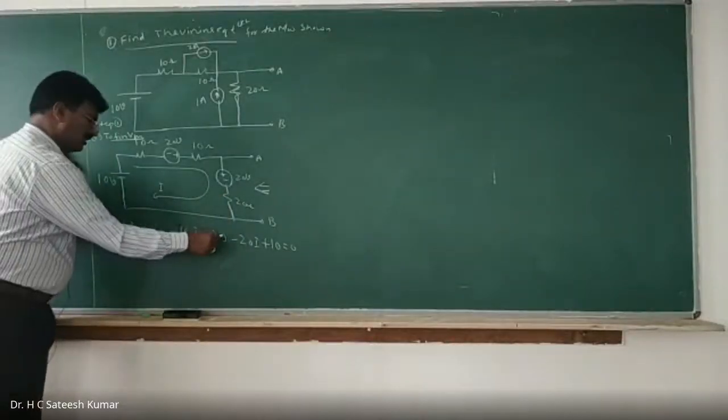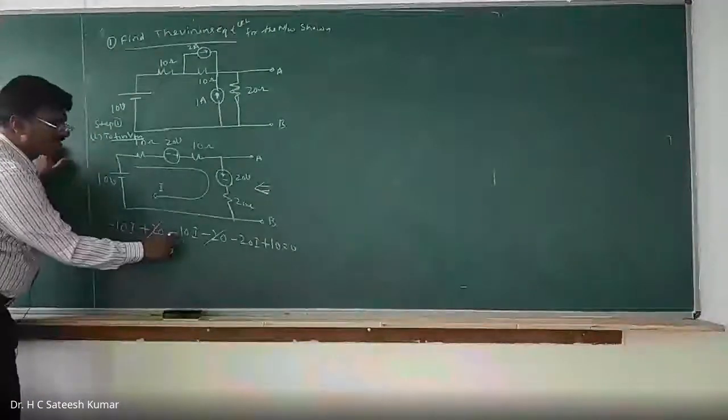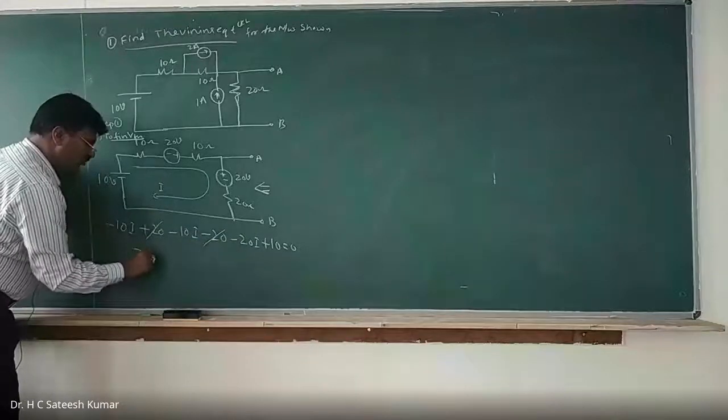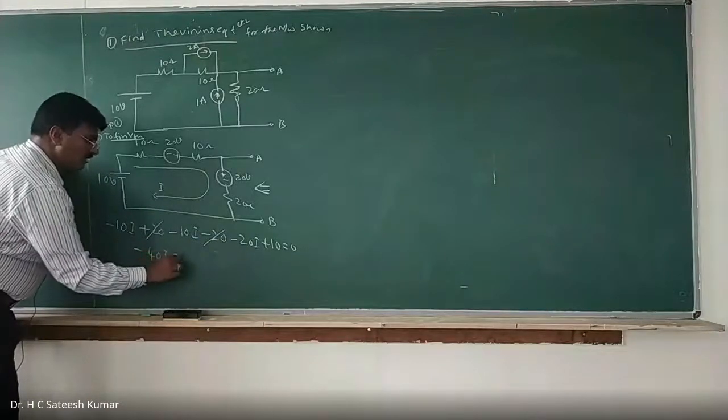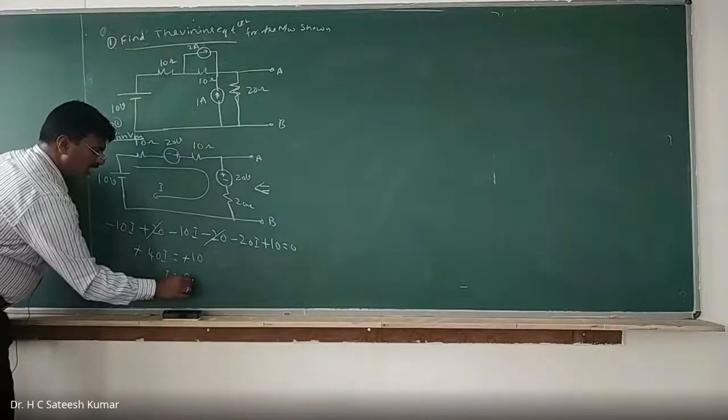Minus 20 plus 20 gets cancelled. Minus 10I, minus 10I, minus 20I, minus 40I is equal to minus 10. Therefore, I is equal to 0.25 amps.